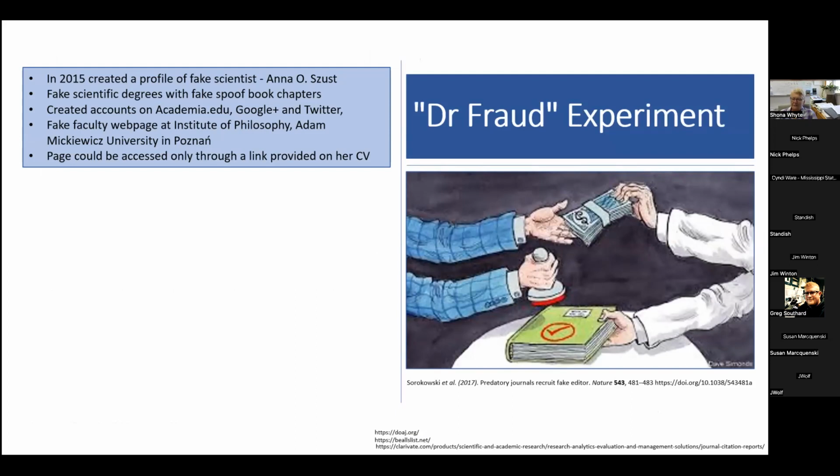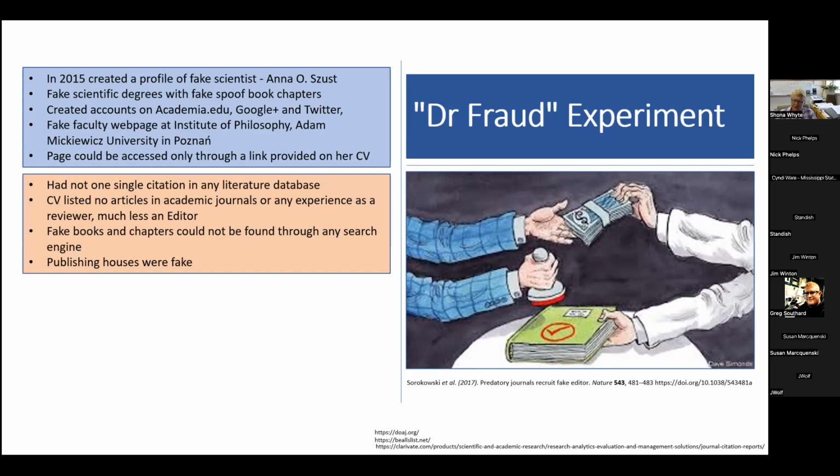They had created fake degrees with fake book chapters in her CV. They created accounts on academic websites like Academia. They made a fake web page at an institute in Poland, and her page could only be accessed through a link provided on her CV.